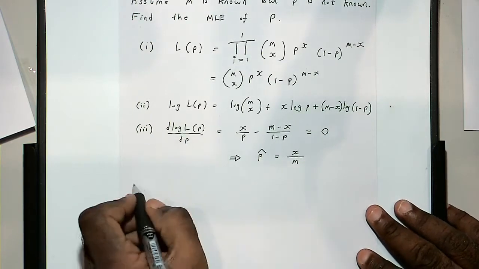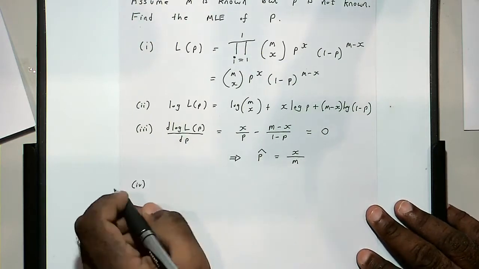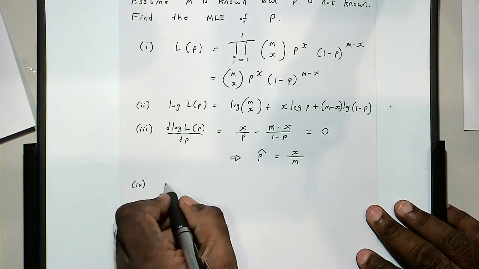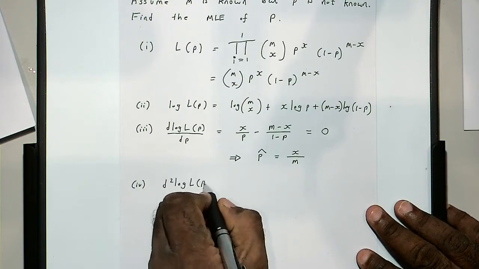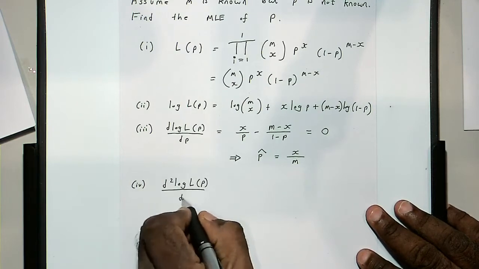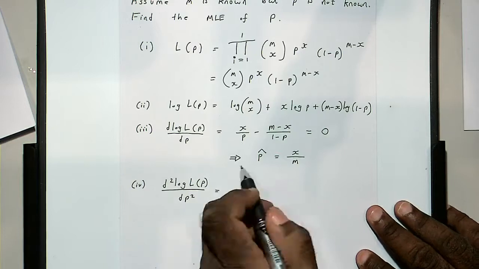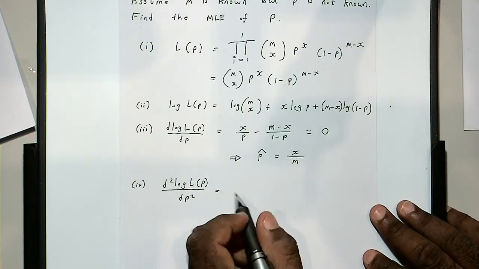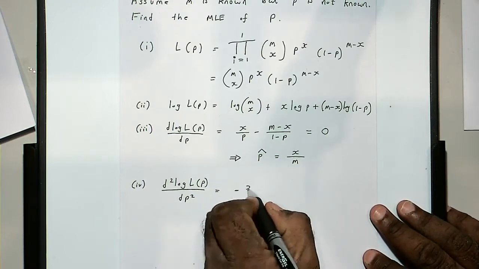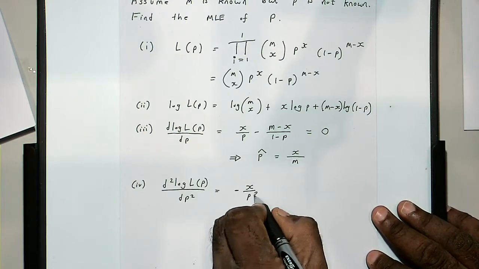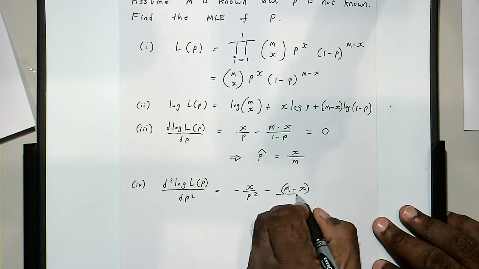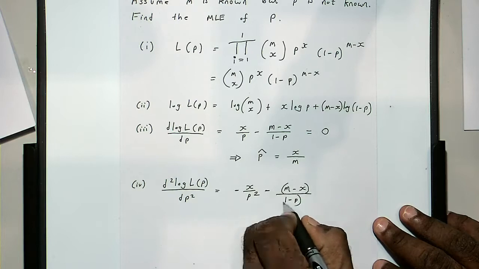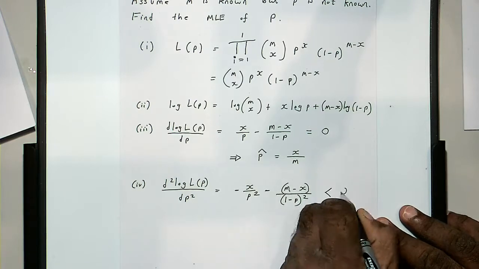Now, step number 4 is to take the second order derivative, which is the derivative of this here.